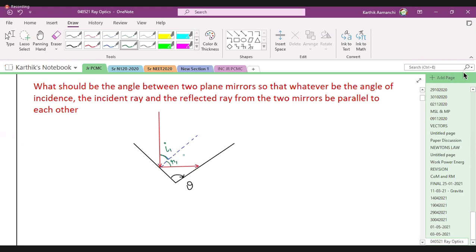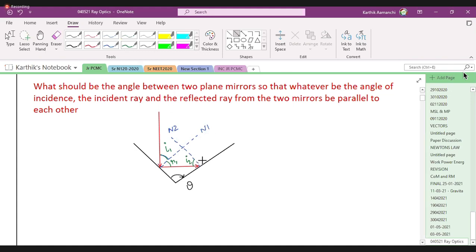I'll call that one. Now, when it hits here at the surface, I'm going to take a normal. This is normal 1, this is normal 2. I take this as my angle of incidence 2.